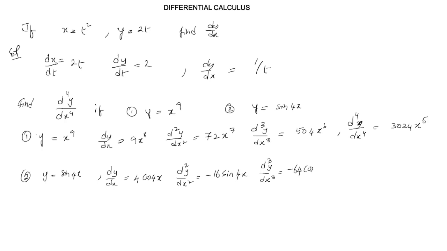And d cube y by dx cube is minus 64 cos 4x, and d power 4 y by dx power 4 is plus 256 sine 4x.